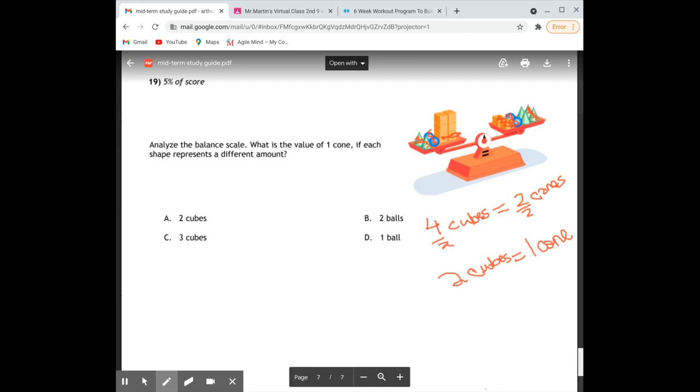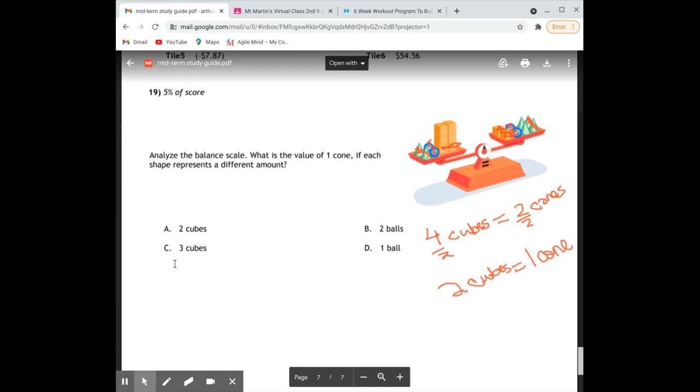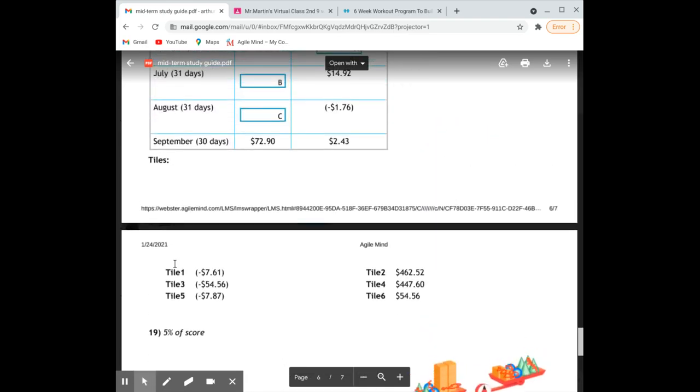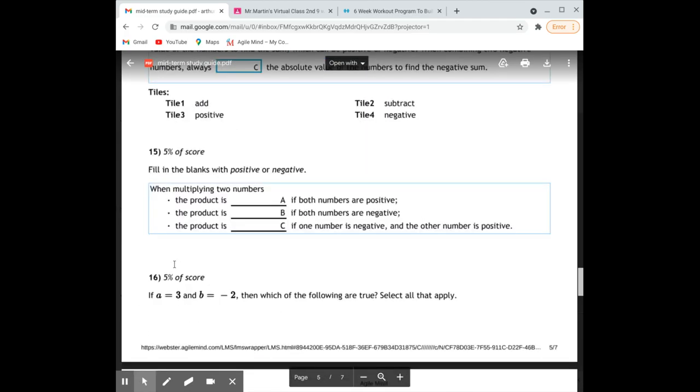So it's going to be between 2 or 3 cubes. And since there's 2 cones and 4 cubes, you would divide it, and it's not going to be 3, so it'd be 2. Correct. That works out perfect. Does anybody have a question about anything that we've covered on questions 1 through 19? So we just covered 11 through 19.